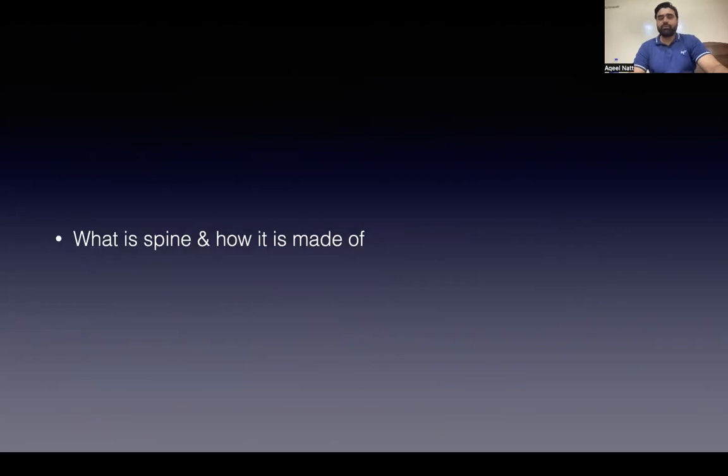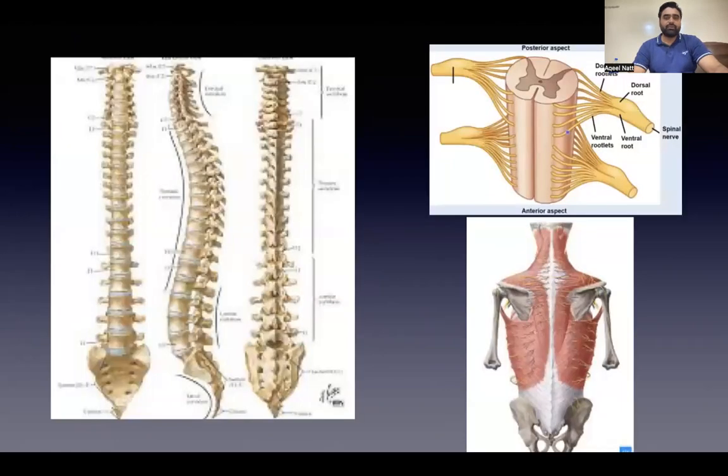First of all, before going to discuss the spinal injury, we'll have to discuss a little bit about the spine and spinal cord. The spine is made of the bony structures. Then, along with the vertebra are the paraspinal muscles, and then there are the nervous tissues, the spinal cord, and nerve roots.